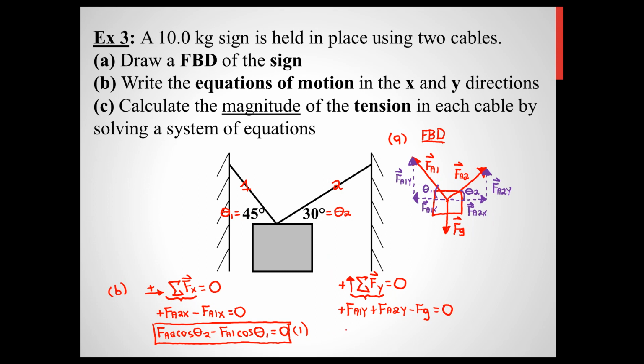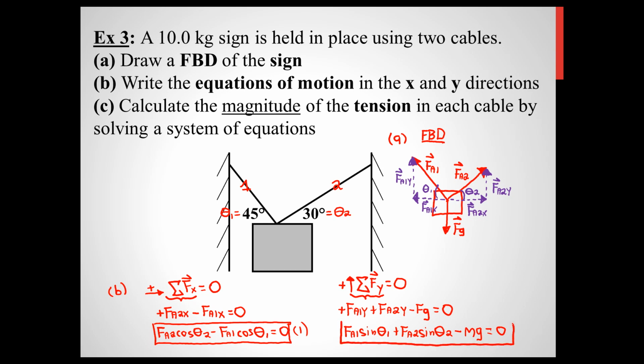We can expand one step further, where I would have Ft1 times sine of theta 1 plus Ft2 times sine theta 2. Subtract the force of gravity, which is m times g, and that's equal to 0.